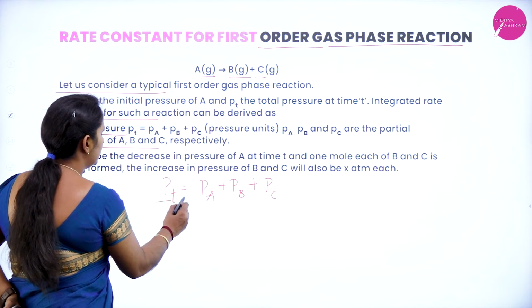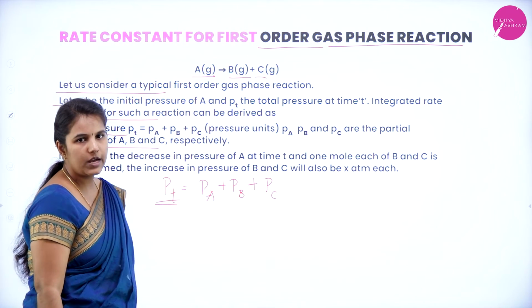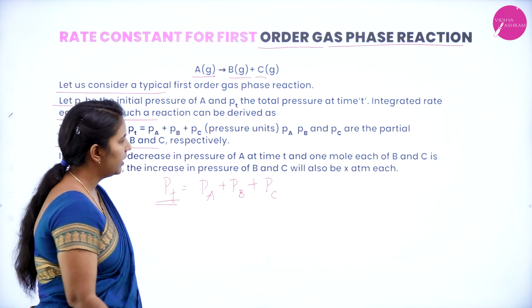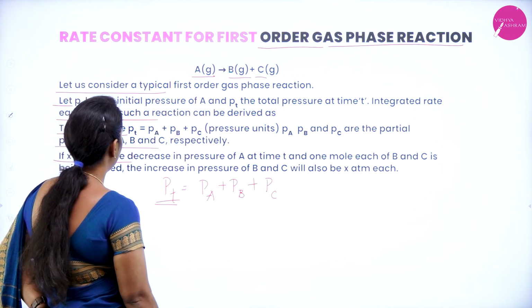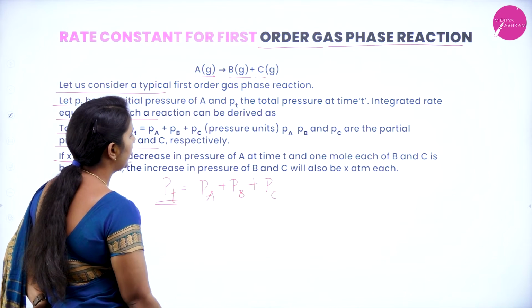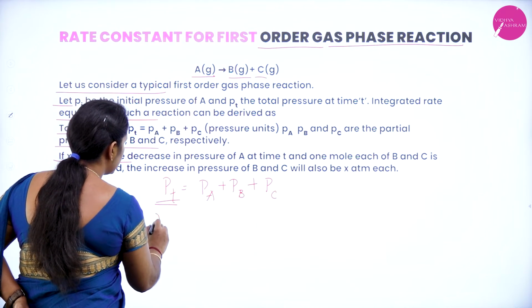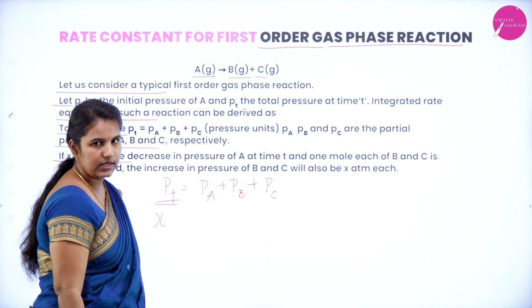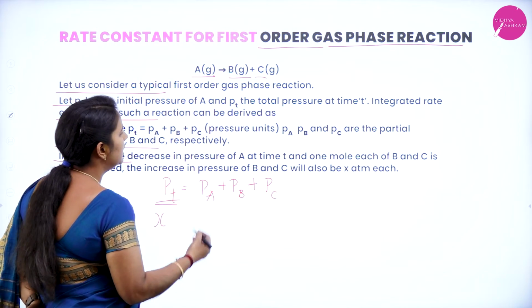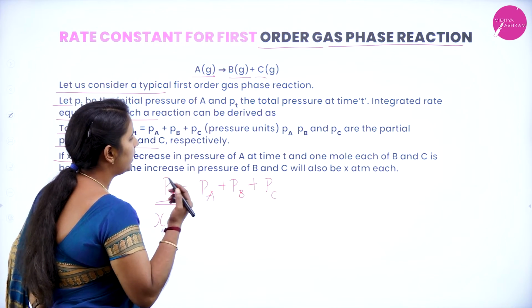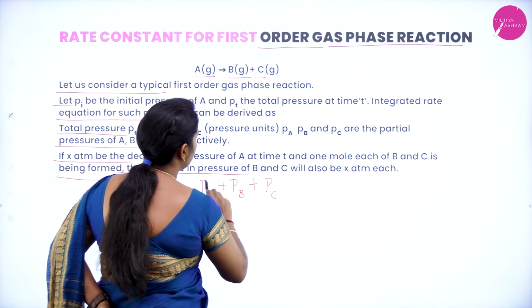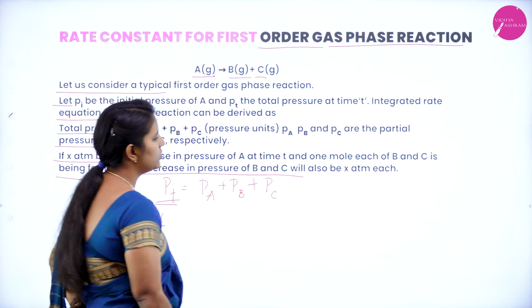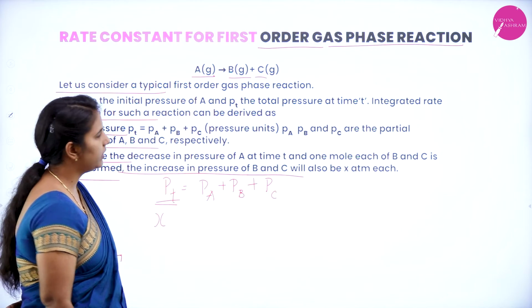To calculate the total pressure, I have taken the partial pressures of A, B and C. If X atm is the decrease in the pressure of A at time t, then 1 mole each of B and C is formed, and the increase in the pressure of B and C will also be X atm each.